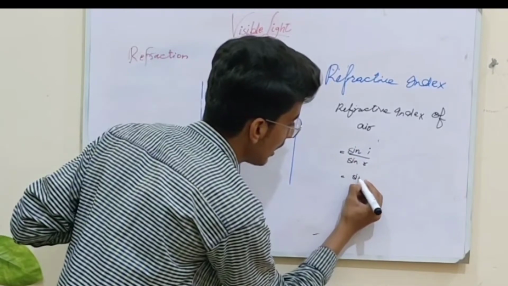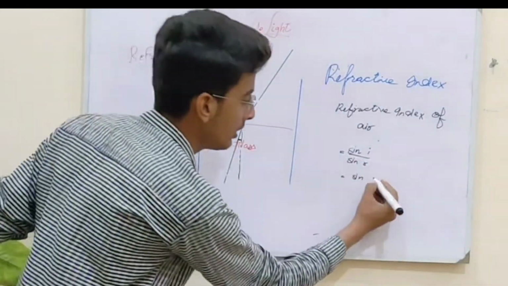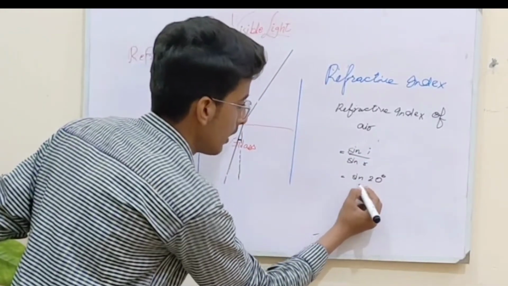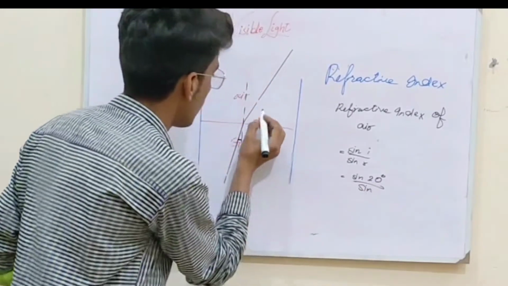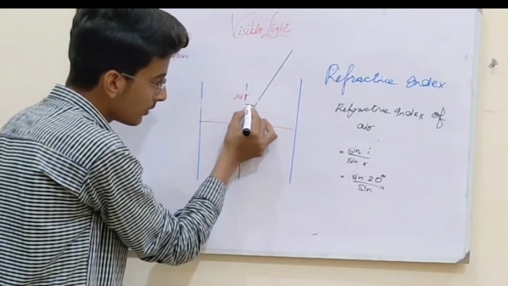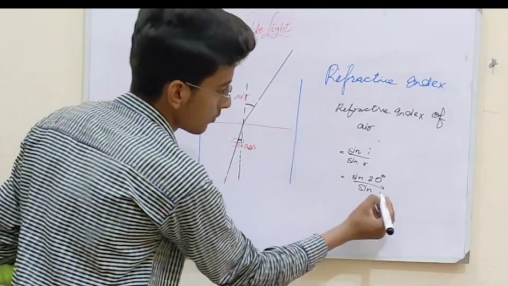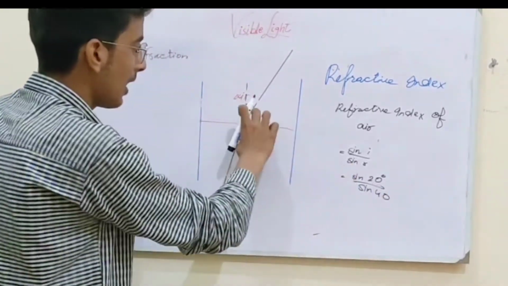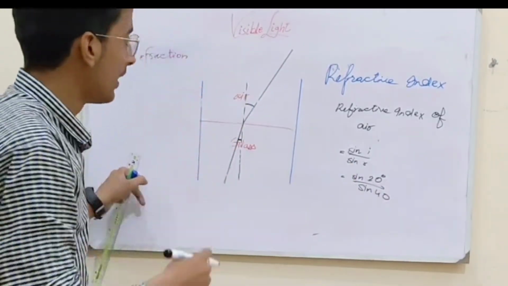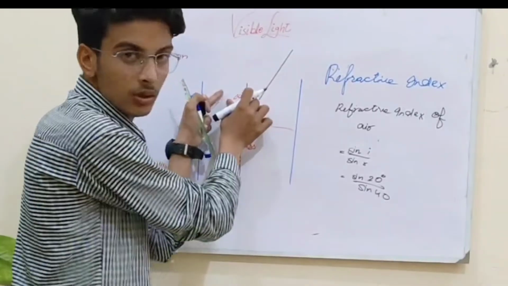So sine I, let's suppose this is 20 degrees, and for sine R you will take this other angle. Suppose it is 40 degrees. You will solve this and the refractive index would come. This would be the refractive index of air.